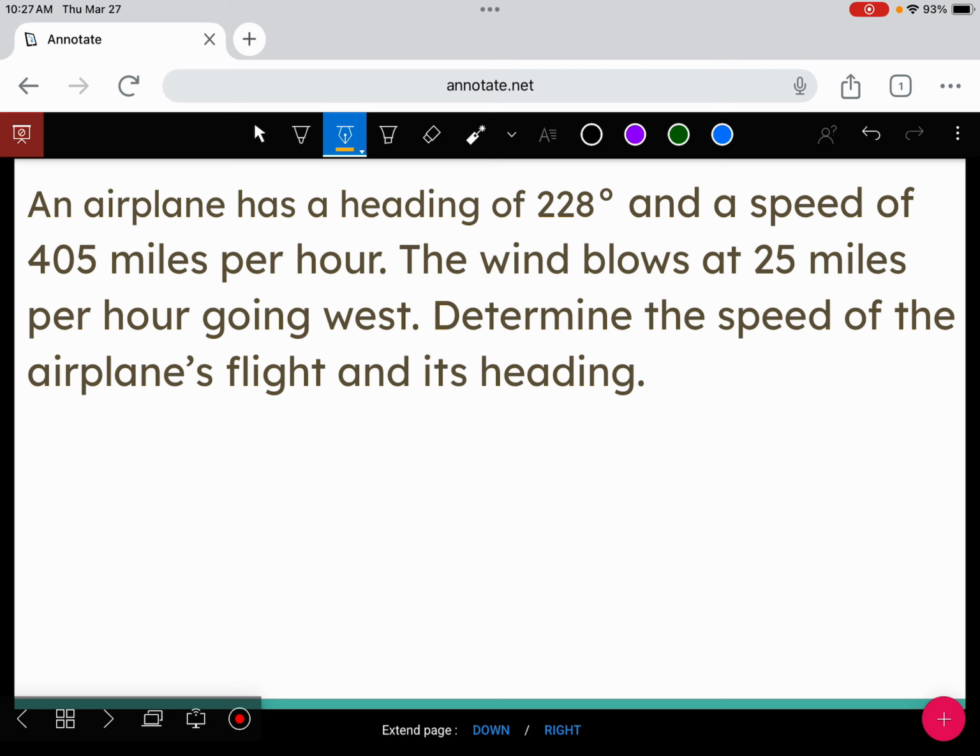So we've got an airplane that had a heading of 228 degrees, and it's going 405 miles an hour. The wind is blowing 25 miles per hour going west. So we're combining two vectors again.